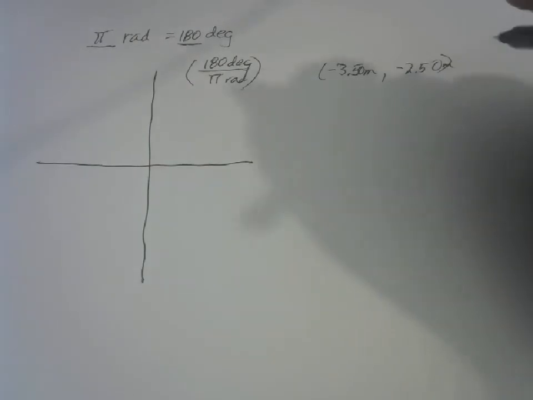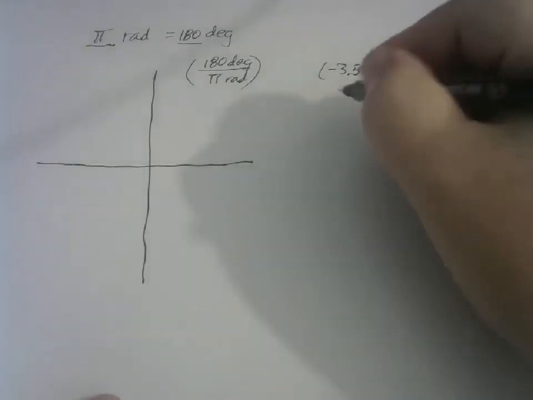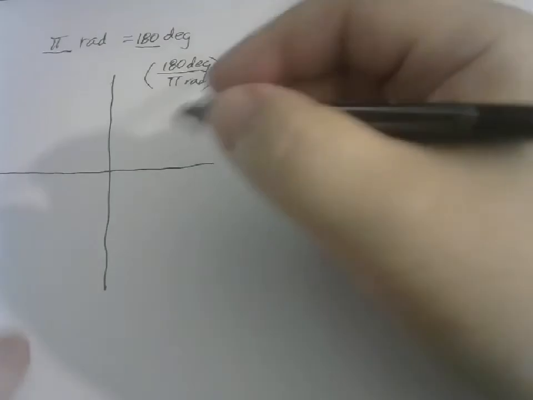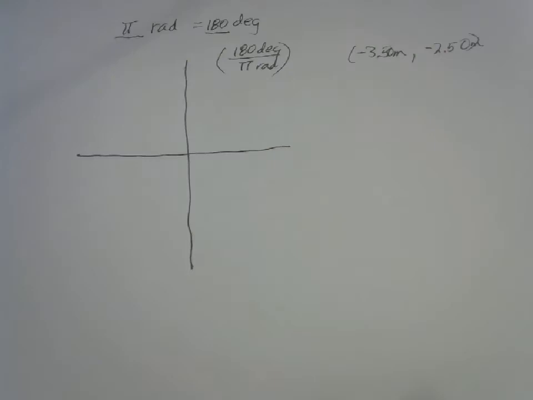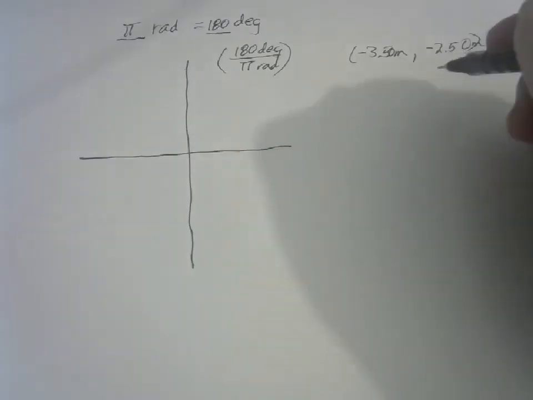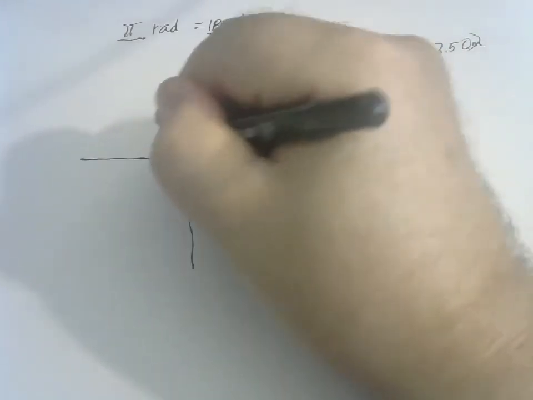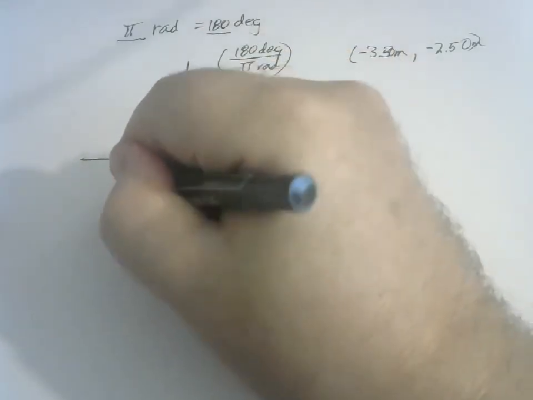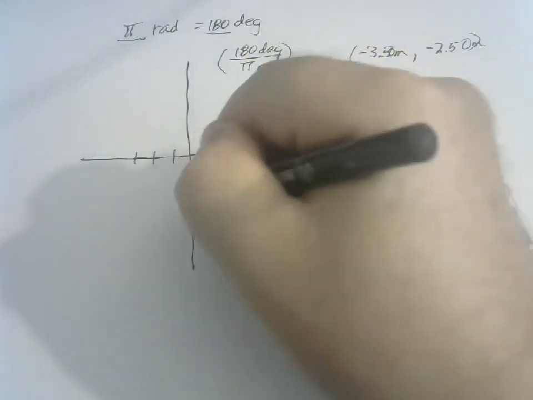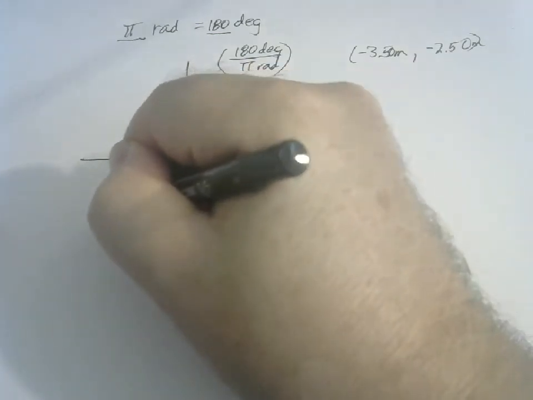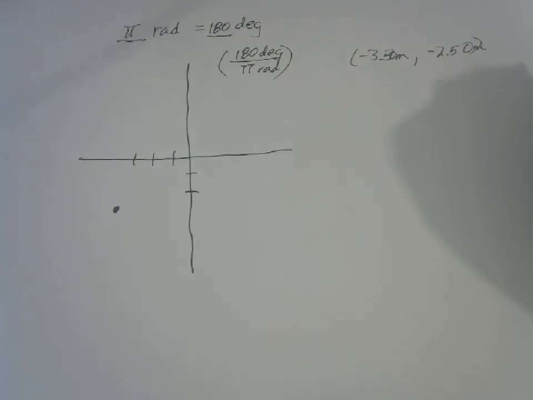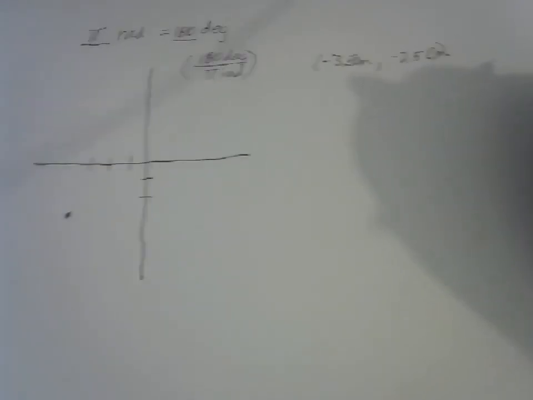So in order to do that, I'll put it on a graph first, approximately. 3.5 and negative 2.5. So it's right around here somewhere. So we can use that point to check our answer at the end.